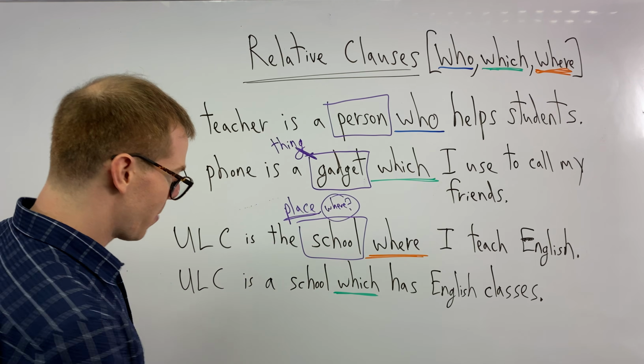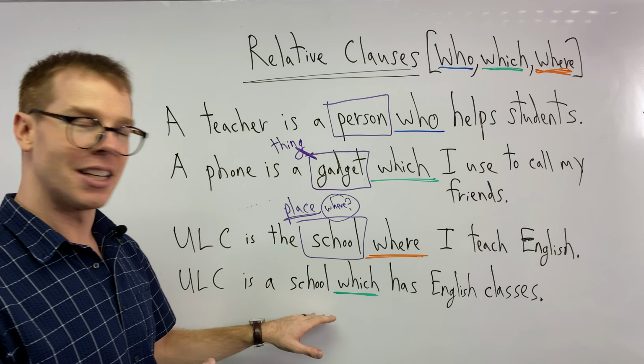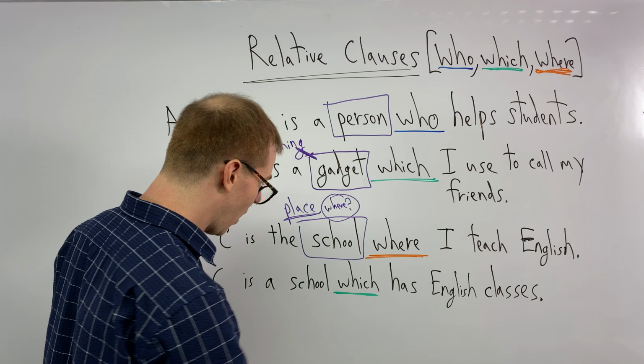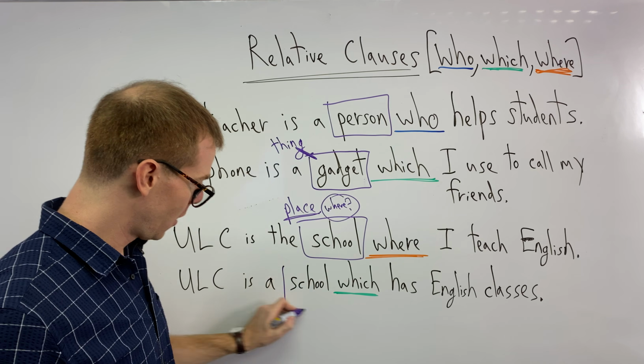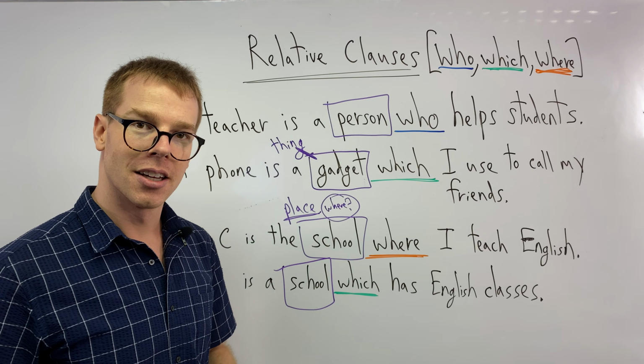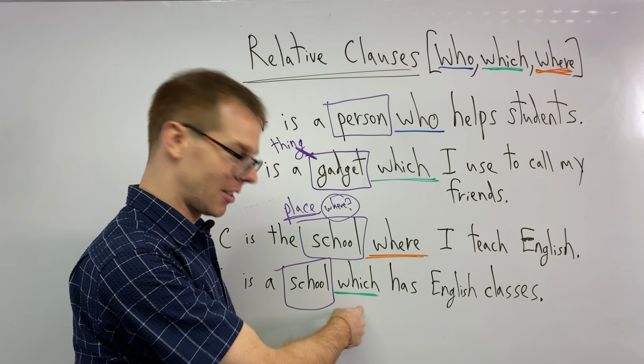But how about this sentence, right? If you've been looking closely, I have school one more time. Here again, so here's school, you're like school, place, right? Why is this one a little different?